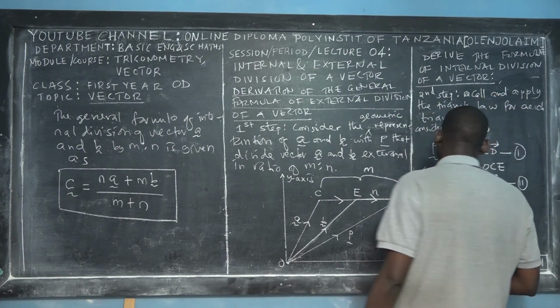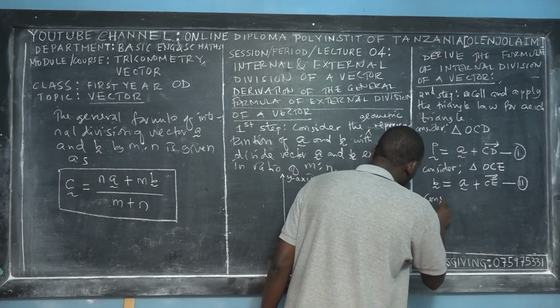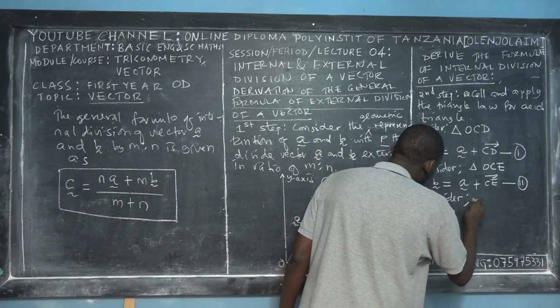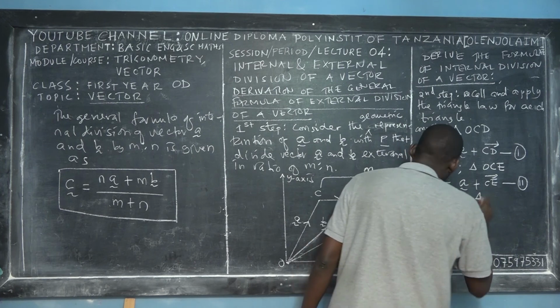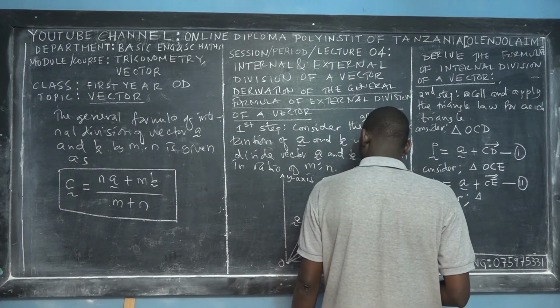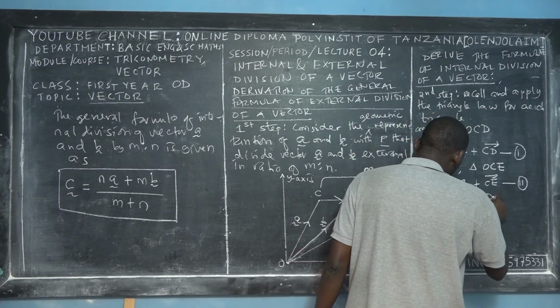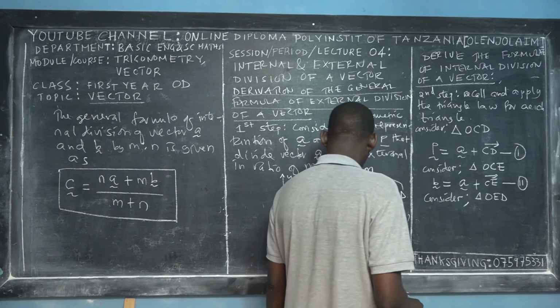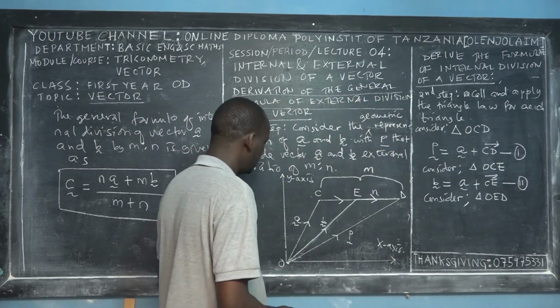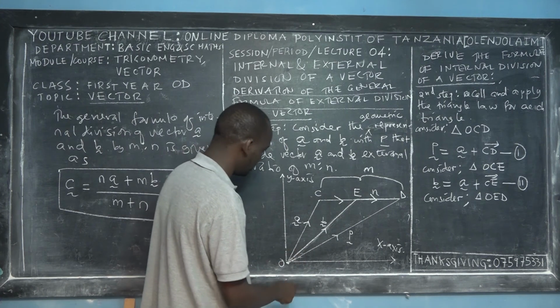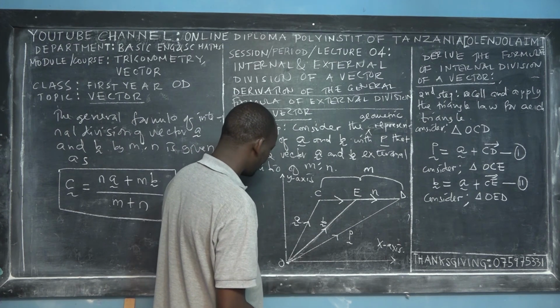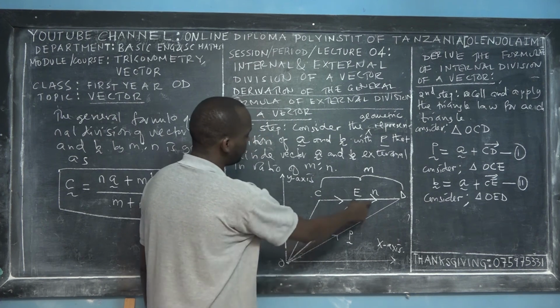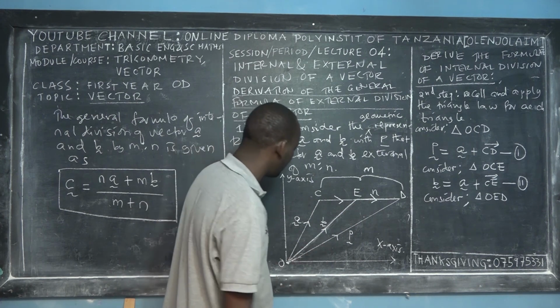Again, we have to consider triangle OED. In triangle OED, we have two vectors and the positional vector.